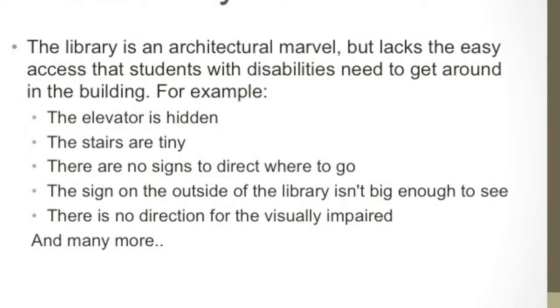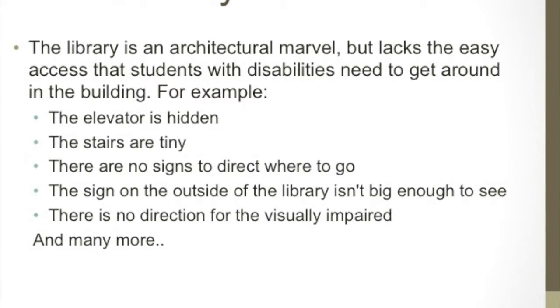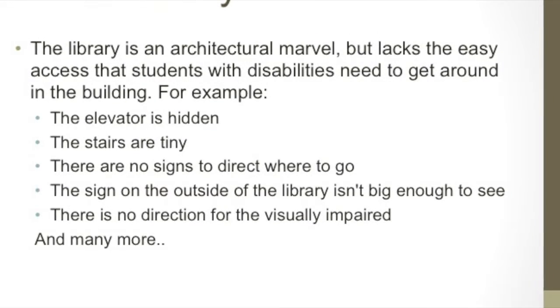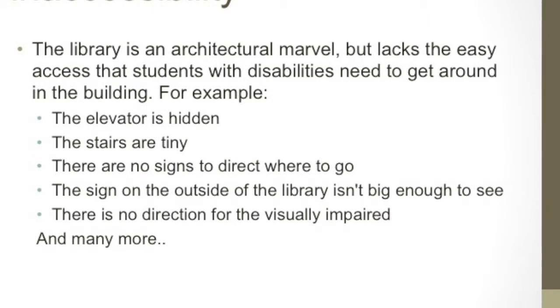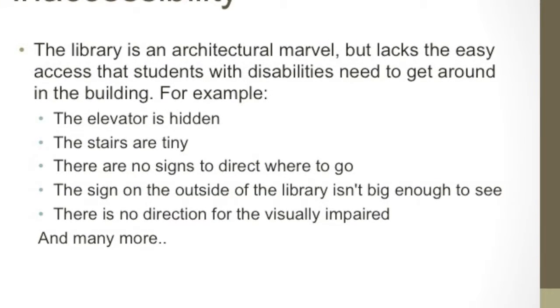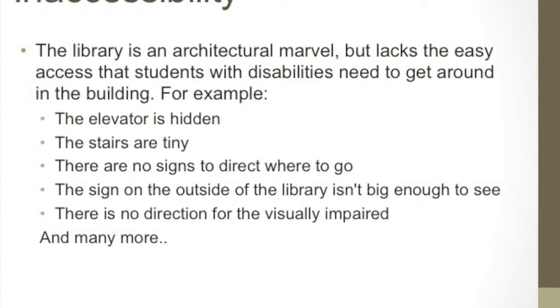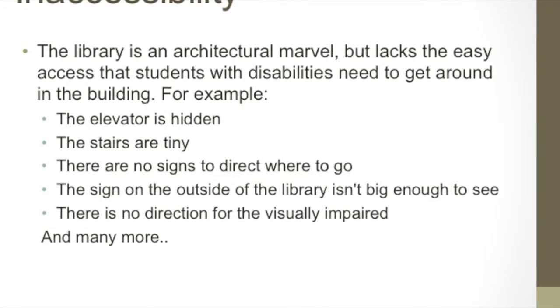For example, the elevator is hidden behind a wall, and if you didn't know that it existed, you probably couldn't even find it. The stairs are tiny, so if people are in a hurry trying to get around, they have to be really careful walking up and down those steps.